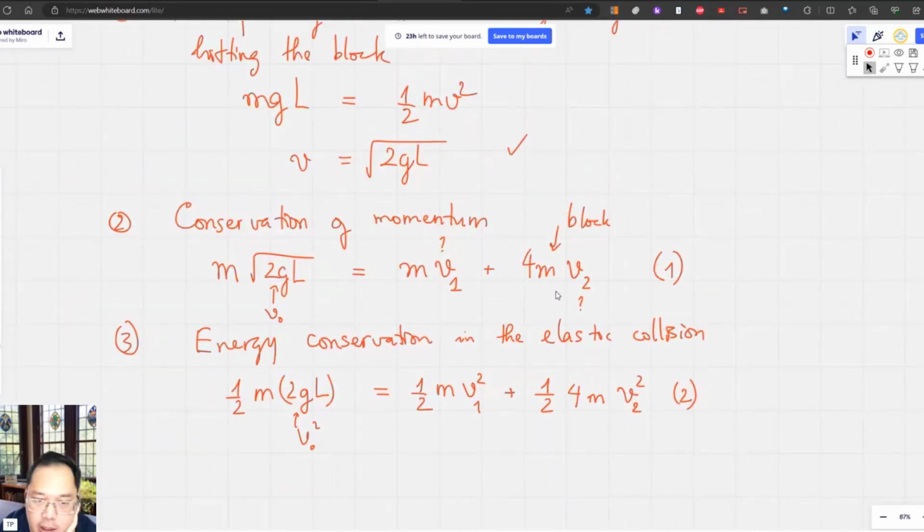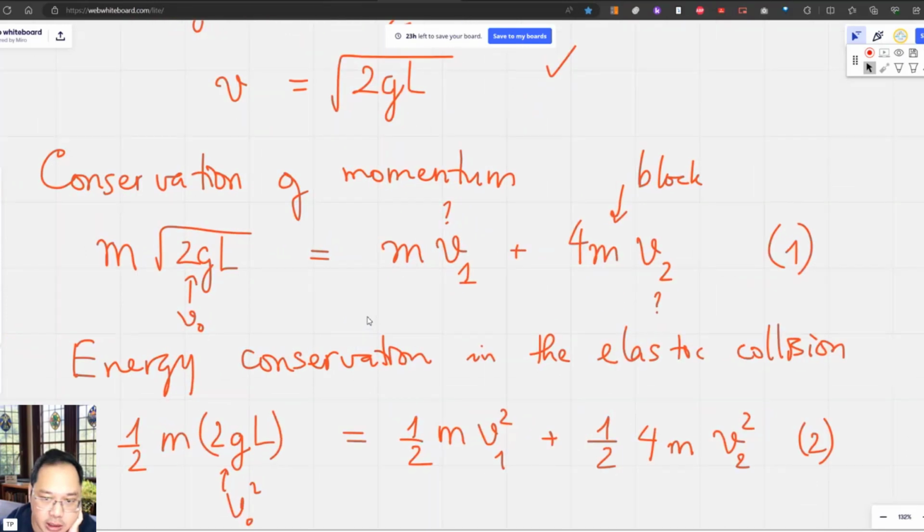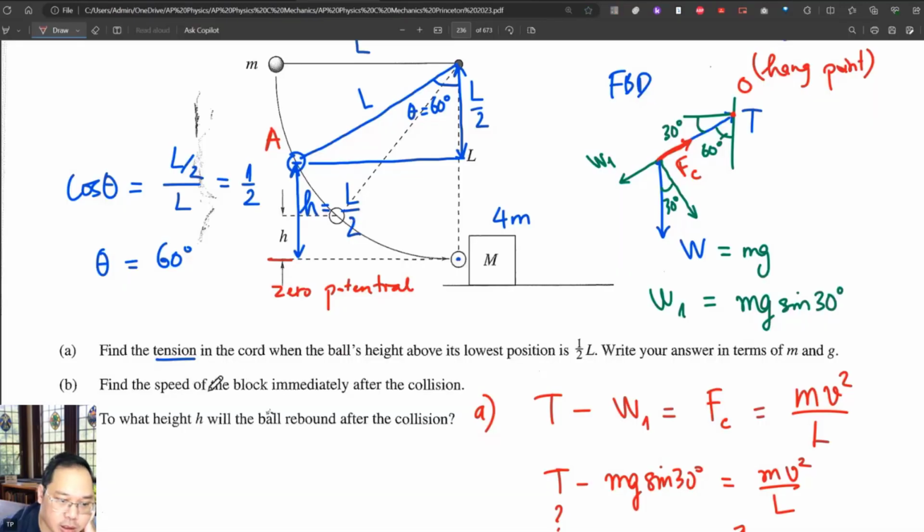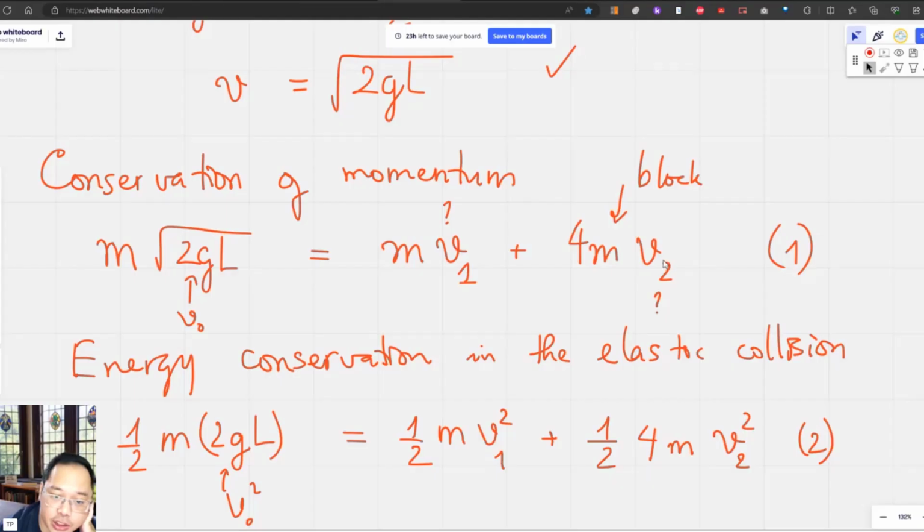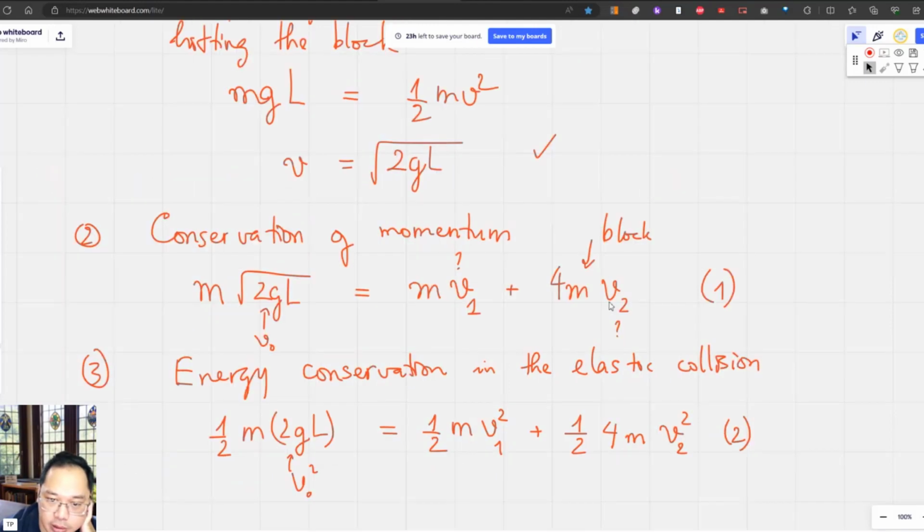To solve it, you can use the substitution method, which is representing one variable, v1 or v2, in terms of the other variable, and then substituting in the second equation. What is the question? The speed of the block, meaning we need to find v2. Therefore I will represent v1 in terms of v2 from the first equation, and then plug that v1 into the second equation.